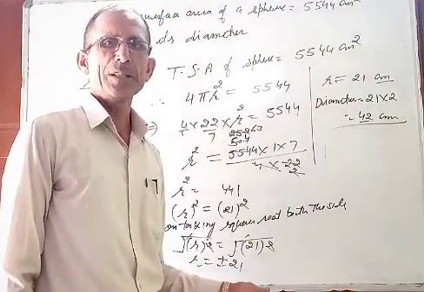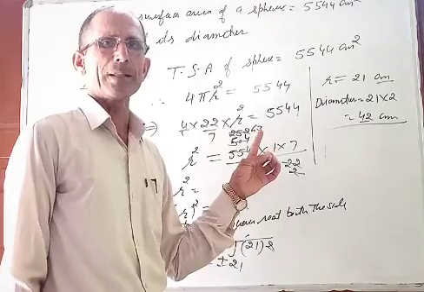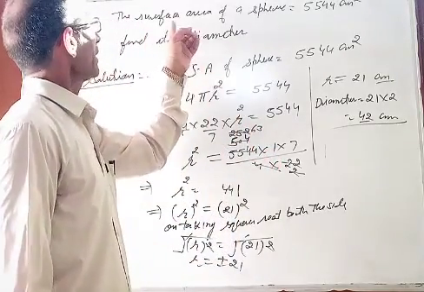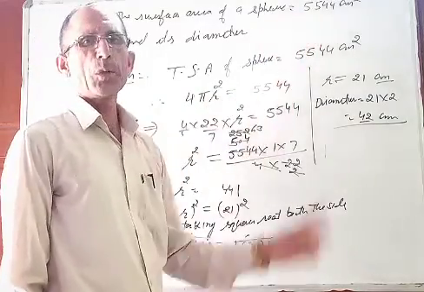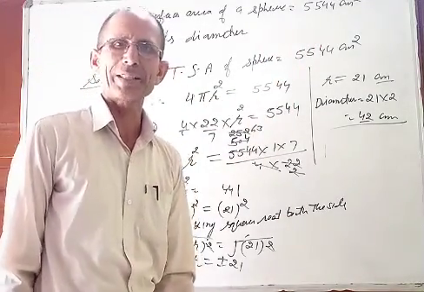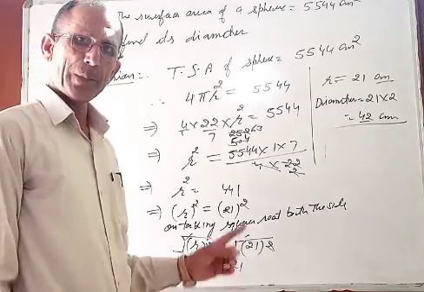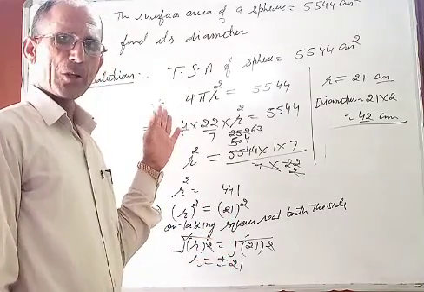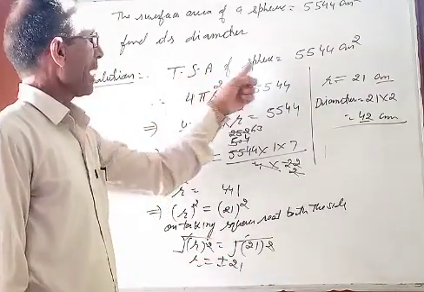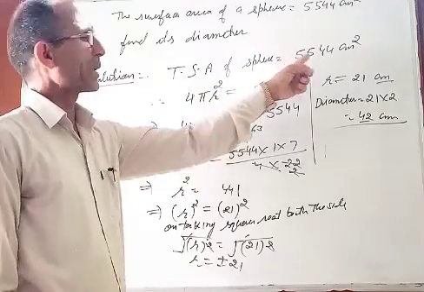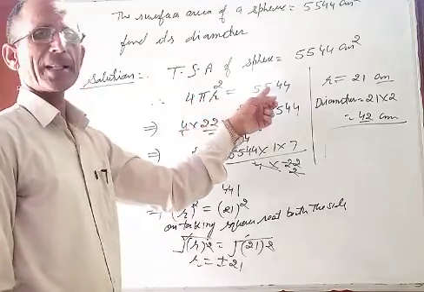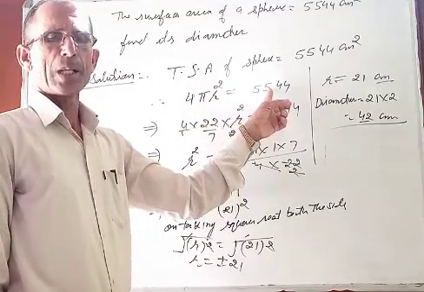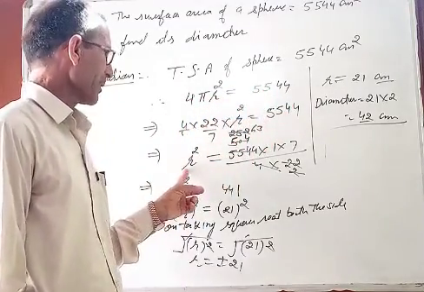Any doubt, any confusion? Once again I am repeating, pay attention. The surface area of a sphere is given as 5544 square centimeter. We have to find its diameter. Very simple. The area of a sphere you already know, 4 pi r square. So 4 pi r square is equal to 5544. Radius we have to find.